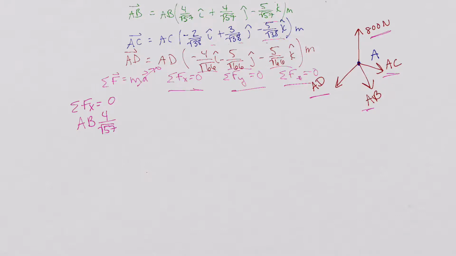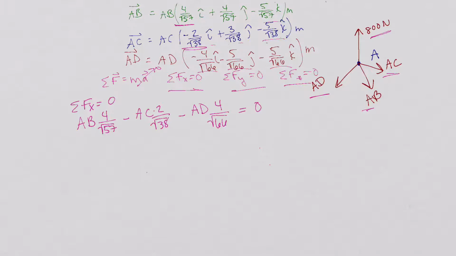That's this I component here. And then the AC has an I component, so minus AC times 2 over the square root of 38. And then the AD also does, so minus AD times 4 over the square root of 66. And then that 800 Newton force doesn't have anything in the x direction, so that equals 0.